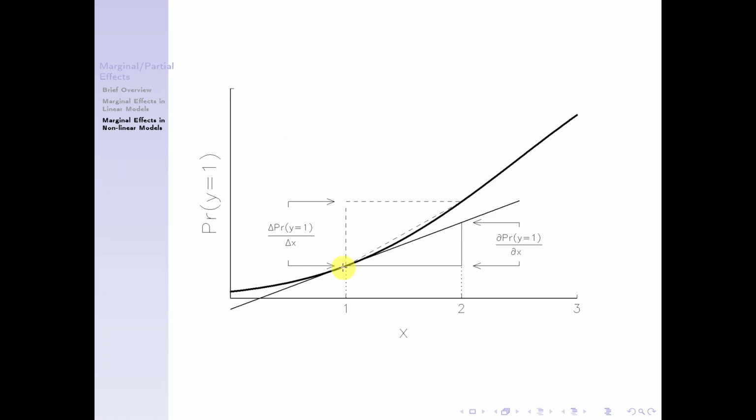Okay? Why? Because marginal effects vary across places on the curve of a function. Okay? And in most cases, discrete rates of change as well as discrete changes are different from marginal effects for what? For non-linear models, which is not the case, okay, in linear models. In linear models, they're equivalent.